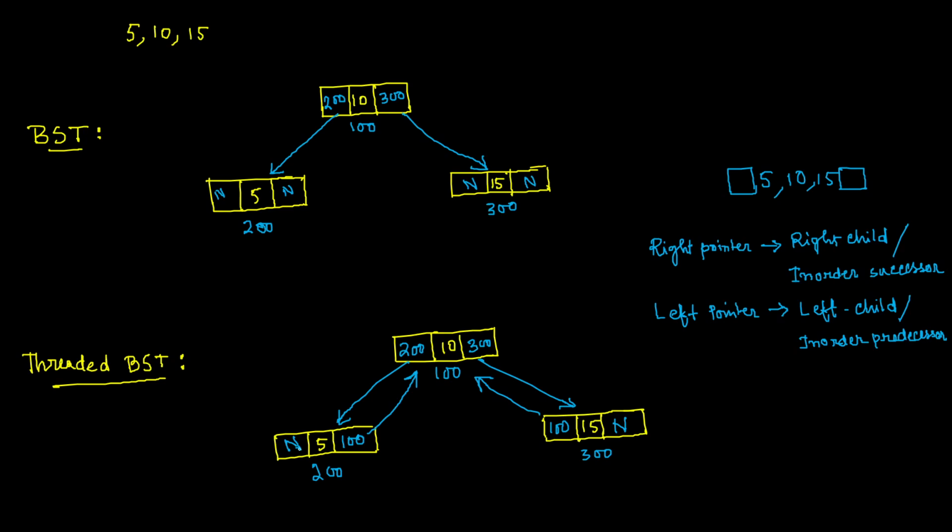For example, if we now try to draw a threaded binary search tree, how will it look? Let's see. Suppose we have some set of numbers, some arbitrary values: 10, 5, 15, 2, then 7, then 20, then 18, then 13, then 14, like this.